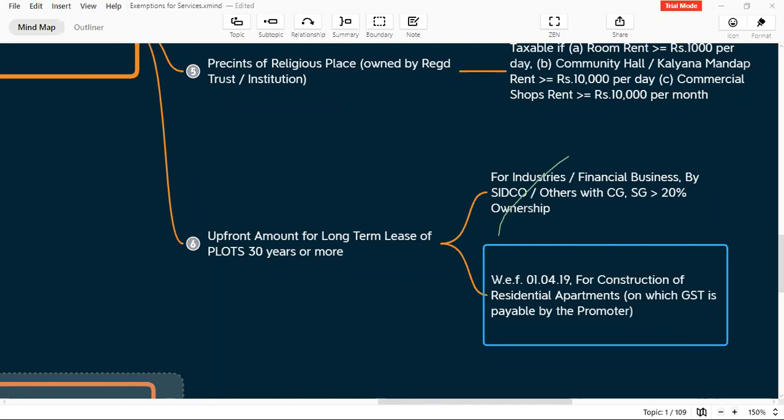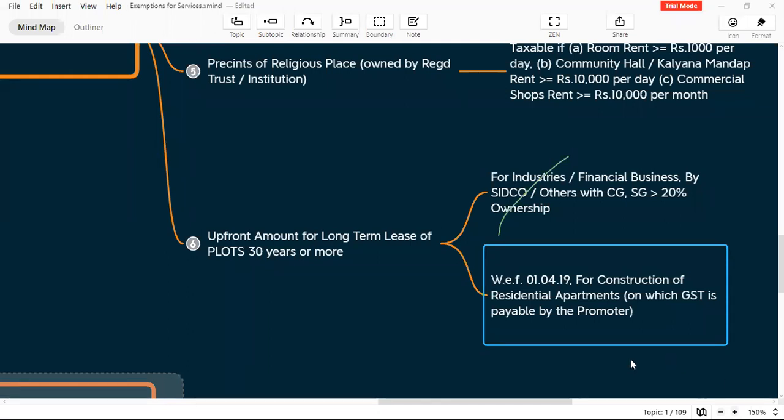So if the landowner who owns the land gives the land on lease to a builder, or we call promoter, for at least 30 years, then he will charge lease rent for it. That lease rent he need not pay GST on, provided GST has been paid by the builder.